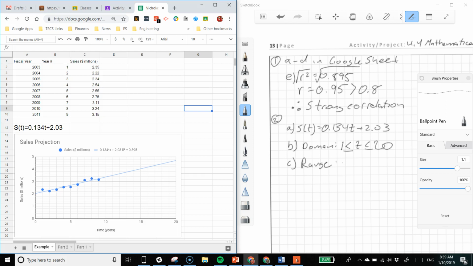So I'm going to say the range is 2.2. This is sales. And then for 20, it was 4.7.